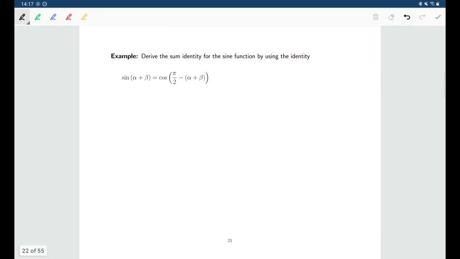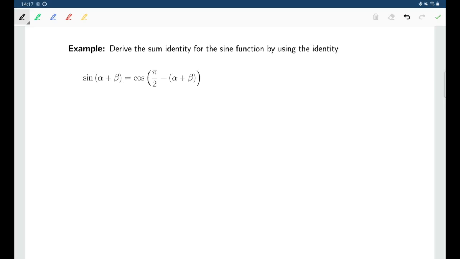So to generate the sum identity for sine, that's what we're going to use. We're going to use the fact that for sine of an angle, that's the same thing as cosine of 90 minus that angle. That's, again, the complementary angle theorem just being used here, that we could express sine in terms of cosine if we wanted to. And if we're looking at cosine of pi over 2 minus alpha plus beta, I could really rewrite that as cosine of pi over 2 minus alpha minus beta, just carrying that minus through the bracket.